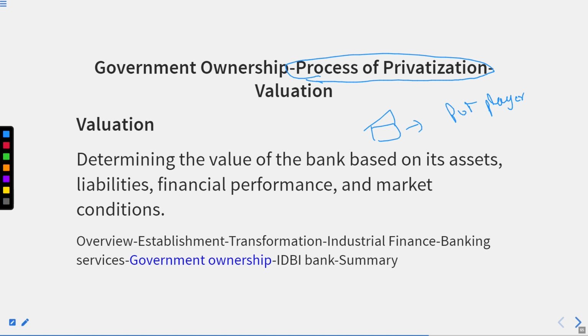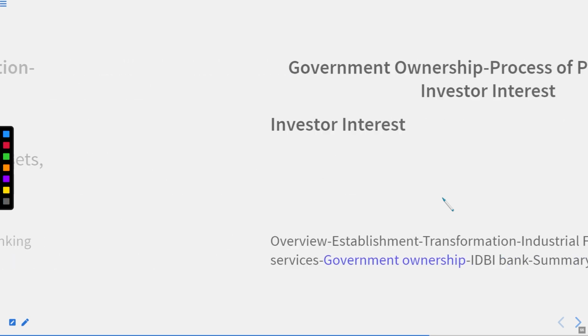So why will private players be attracted to the bank? When they see their benefit, when they see a worthy valuation. For this it is necessary to determine the value of the bank on the basis of assets, liabilities, financial performance, and market condition. These factors will lead to the determination of the value.